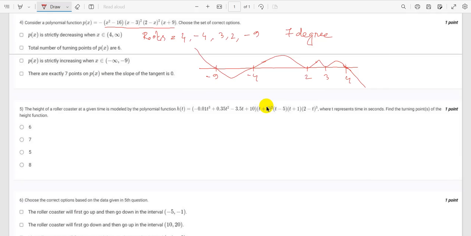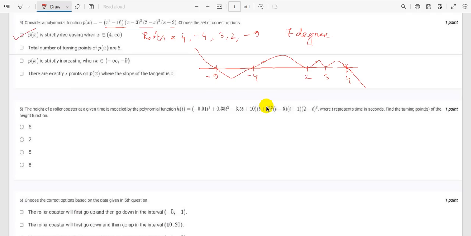Now let's check the options. P(x) is strictly decreasing when x belongs to (4, infinity). So this is our interval, 4 to infinity. The function is strictly decreasing in this interval, so it is a correct option.